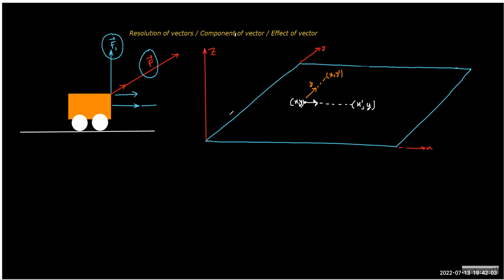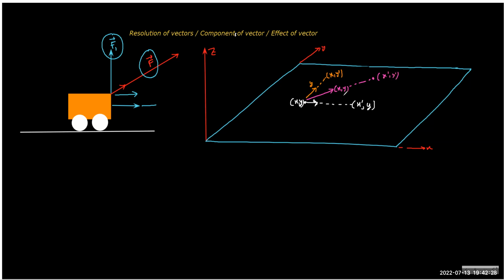So what happens if something moves in between? If the initial value is x and y, after moving, which component will change? Both, or x, or y, or none? Both. Very good.